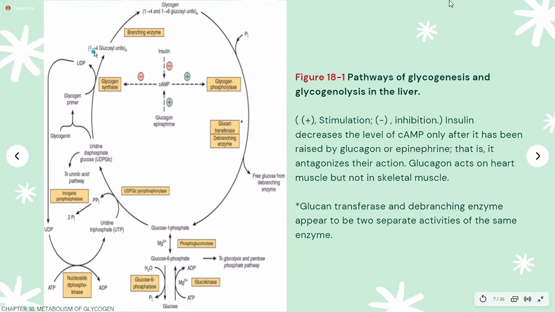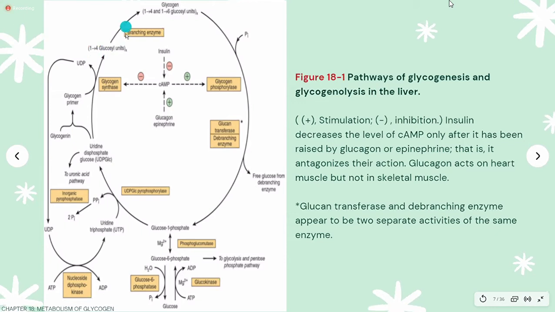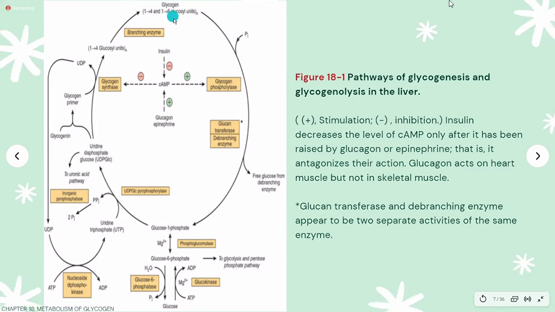Glycosidic linkage. Okay? So that's why you have here a branching enzyme. And now you will have a proliferation of those glucose units that will be attached in a 1,4 and a 1,6 linkage. When we say 1,6 linkage, it is a branch. Okay? All right.